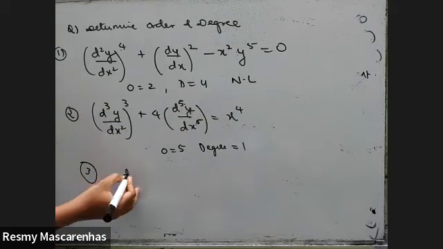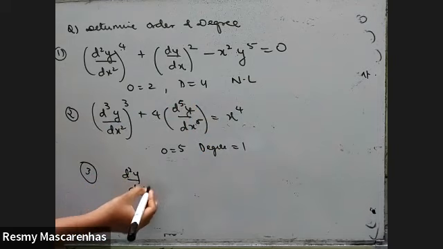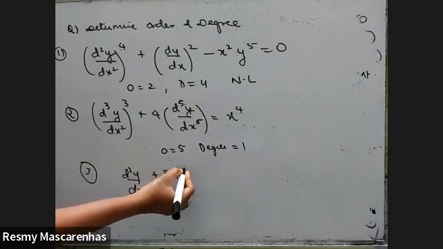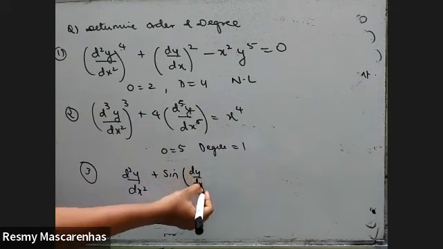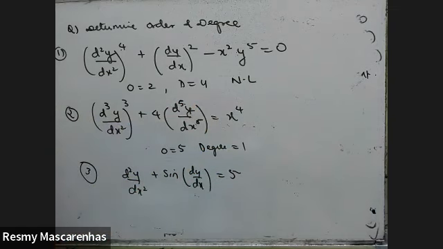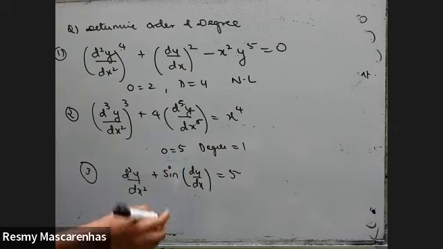Third one, d square y upon dx square plus sine dy by dx is equal to 5. Again, now this is a special case. Now you just see the definition of a differential equation, or when you want to find a degree.